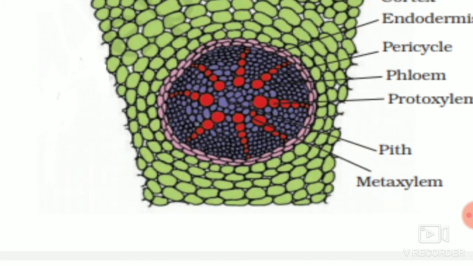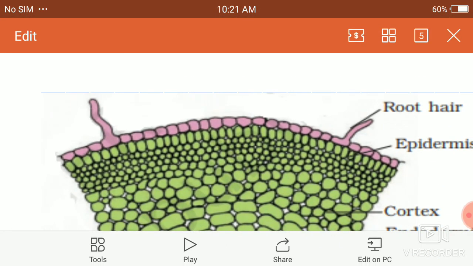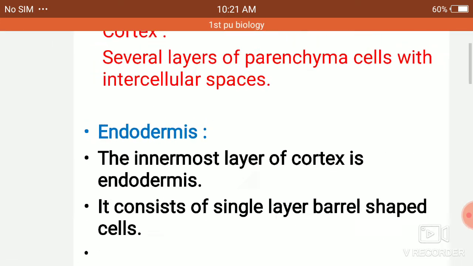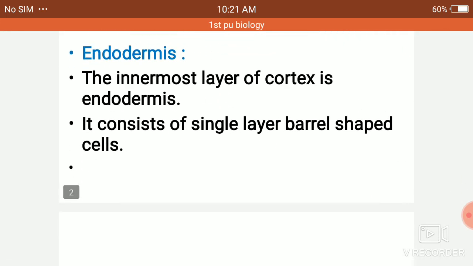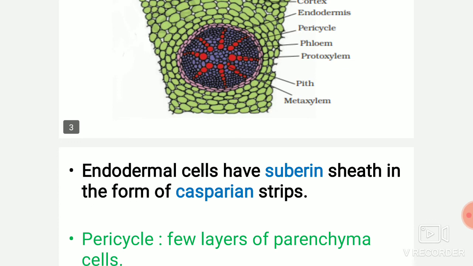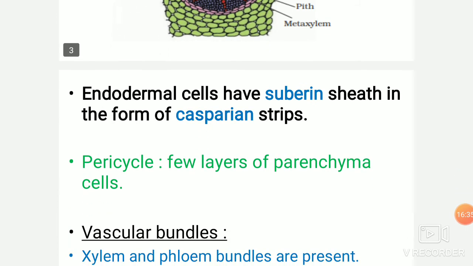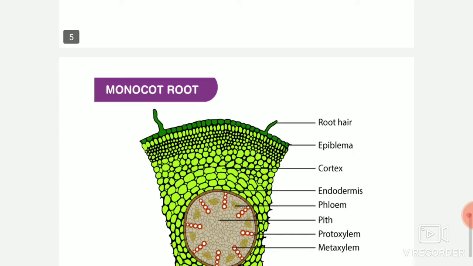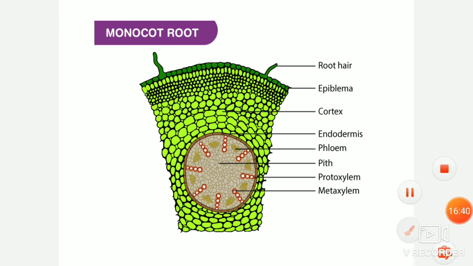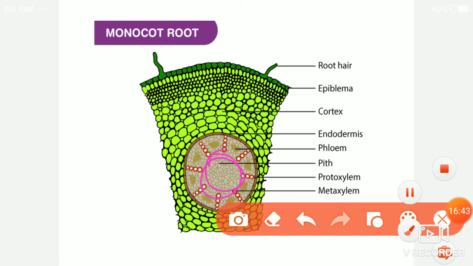And here you can see that in the dicot root the pith region in the center is very small. In the case of the monocot root, you can see the pith region is large. That is the difference between the dicot root and the monocot root.